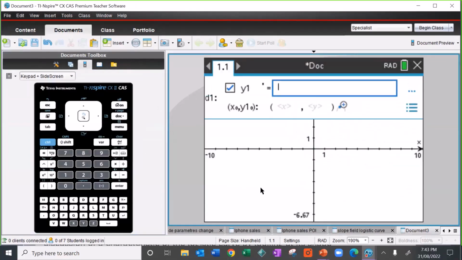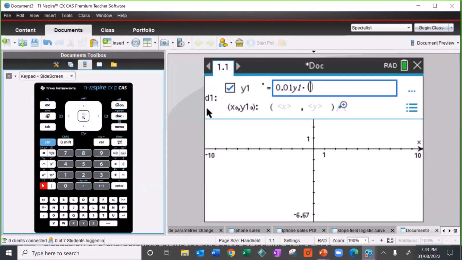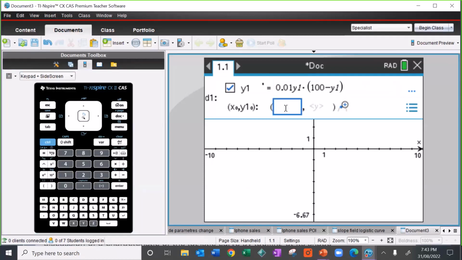So y1 dashed equals 0.01 y1, because it has to be in terms of y1, and we go times 100 minus y1 again, and we had the 0.5 and 40.